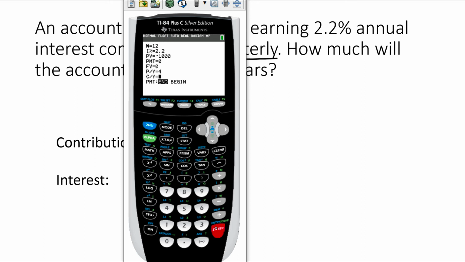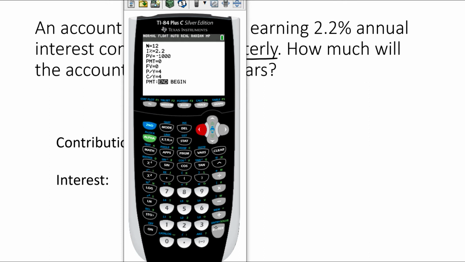All right, the last field on the TVM solver, payment end versus begin. And if you're not writing notes on these, I would recommend writing a note on this one, because otherwise it's going to trip you up. When we change the payment from end to begin is when payments are made at the beginning of the period, which is often specified in a problem, or when it is an annuity due.